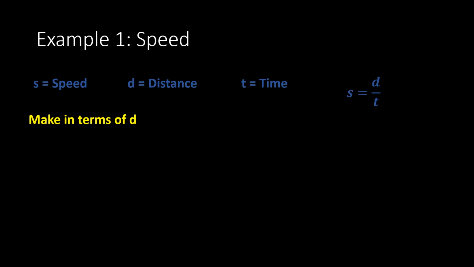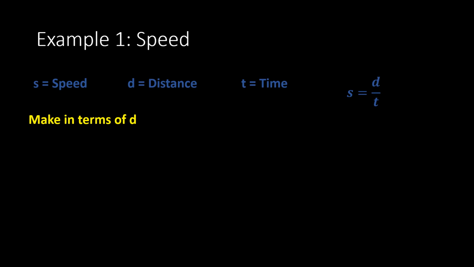Let's have an example. Speed is a concept in science, or specifically in physics. When we say S, it's speed, D is distance, T is time. Speed is equal to distance over time. That's a classic example of a formula, right? So, make it in terms of D. When you say in terms of D, we want to isolate D as the variable.